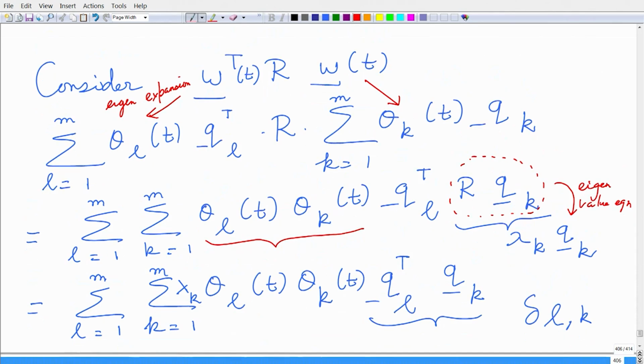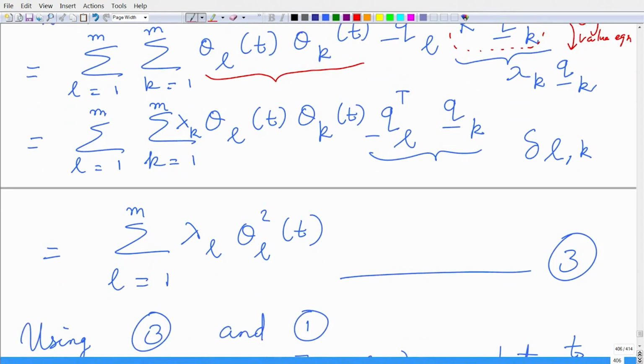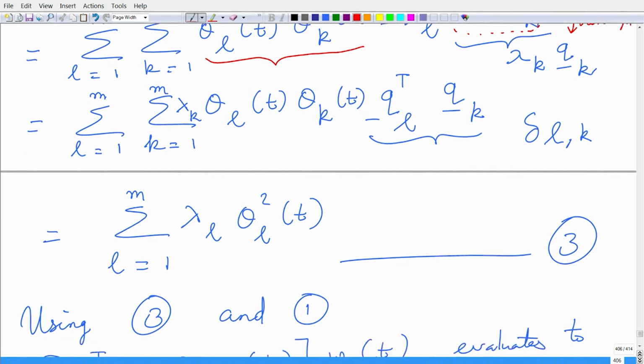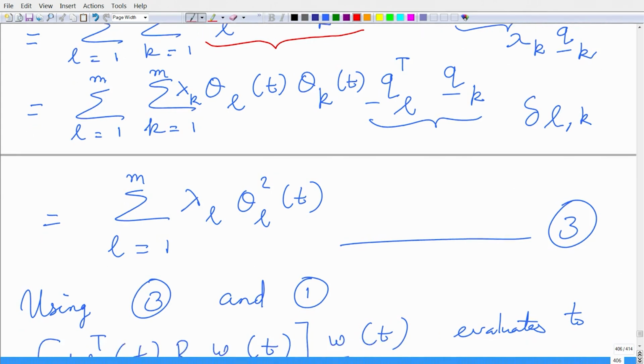This can help me simplify further. So this double summation is got rid of with a single summation, because it just has to be evaluated at L equals k, since otherwise ql transpose qk vanishes for L not equal to k. So I have simplified this to summation L equals 1 to m lambda L theta L square of t. Let me call this equation 3.